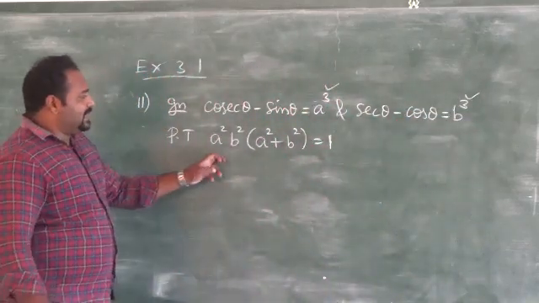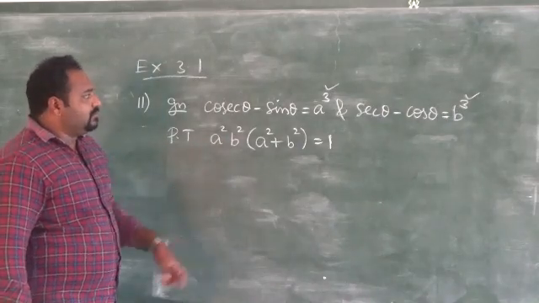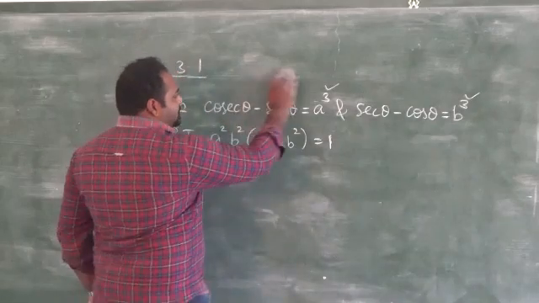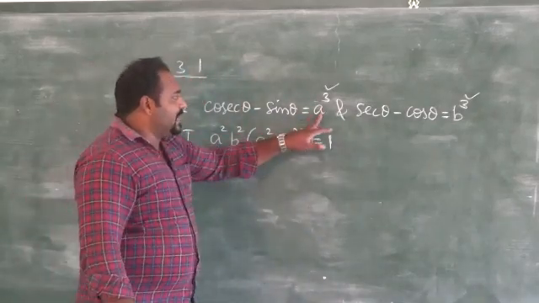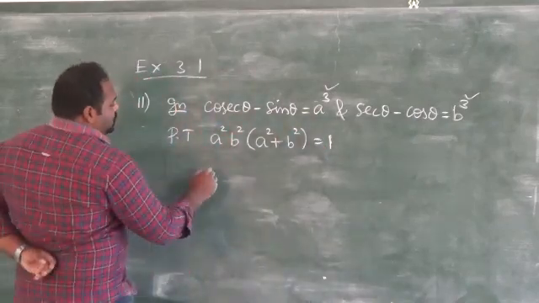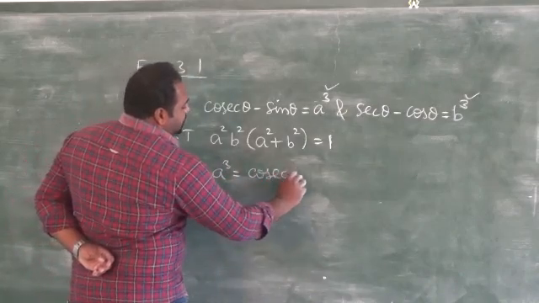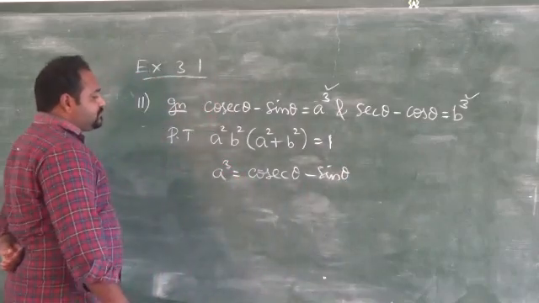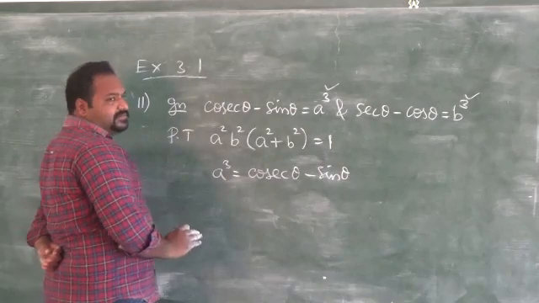So if you take the LHS side, we can only apply the values for a square and b square, but here a cube and b cube are given. From the given information, first I am going to find out a. From a cube, I am going to find out the a value first. So a cube equal to cosecant theta minus sin theta. First I simplify the given in terms of sin and cos.